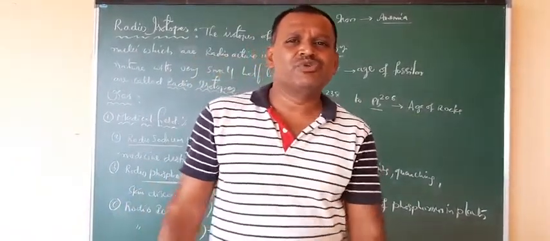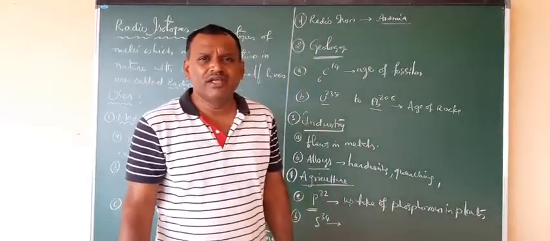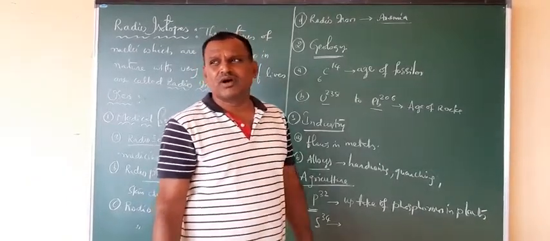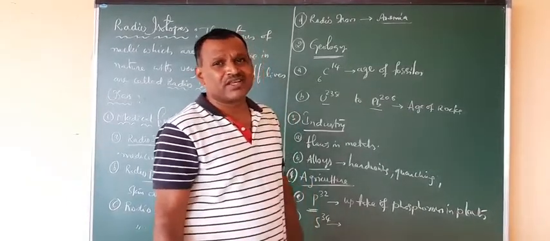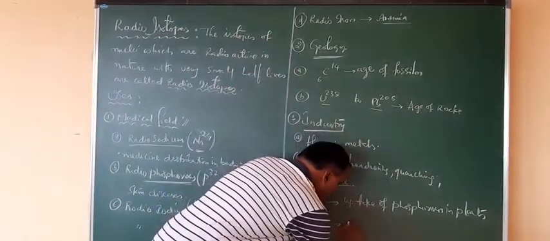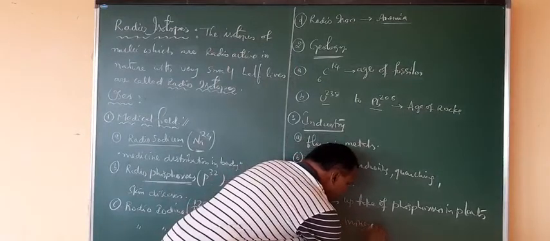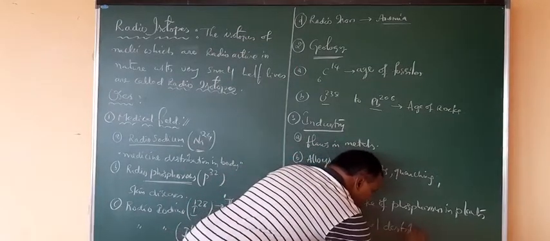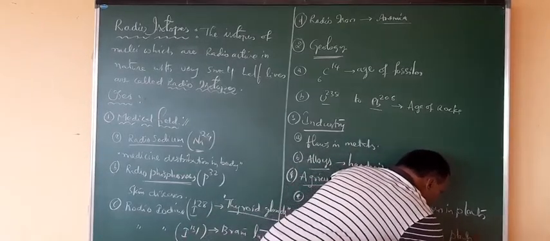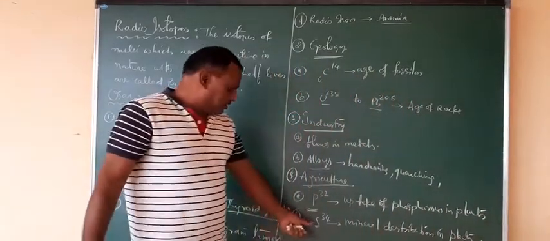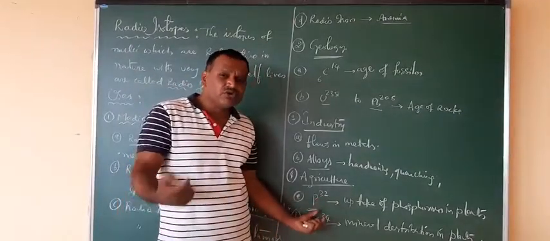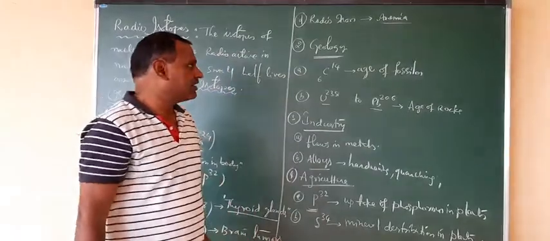Whether the distribution of minerals in the given plant is taking place evenly or not can be studied by using this sulfur 34, right? So here it is mineral distribution in plants. We can study it by using this radiosulfur, right? So these two are major uses in your agricultural field.